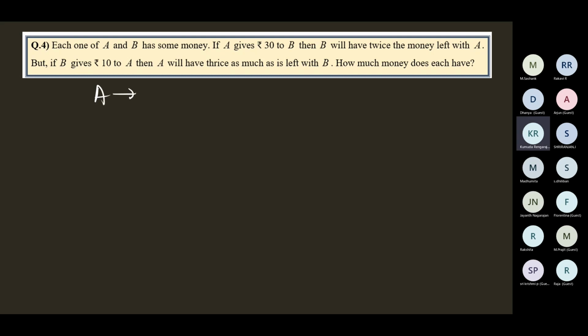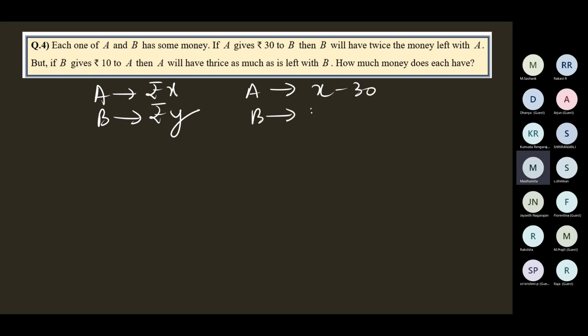A has rupees X and B has rupees Y. If A gives 30 rupees to B, how much will A have? A will be left with X minus 30, ma'am. And how much will B have? Y plus 30. Because when A gives 30 rupees to B, A will have 30 less and B will have 30 more.